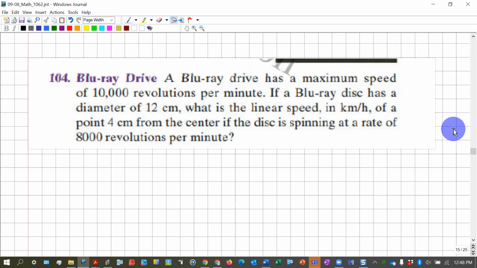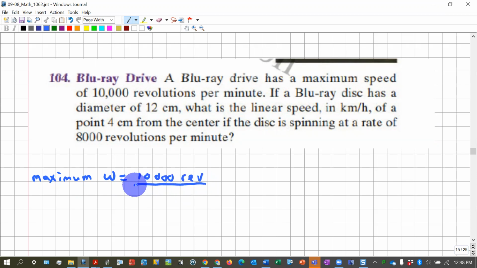So when you put in a CD-ROM or a Blu-ray or a DVD, it spins, or a record player, right, with an album. Sometimes it spins at a constant rate, sometimes the rate changes depending on what the computer is trying to do. Notice that in this problem there's a maximum omega of 10,000 revolutions per minute, RPMs.